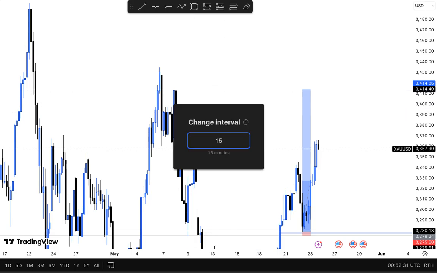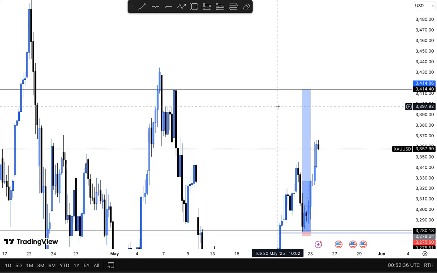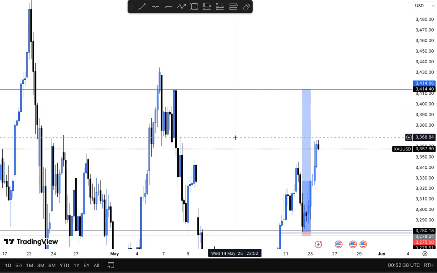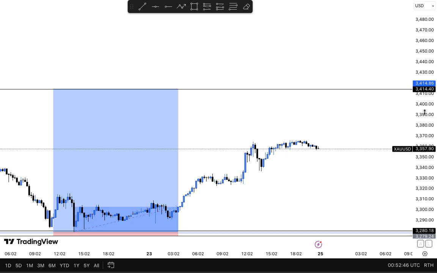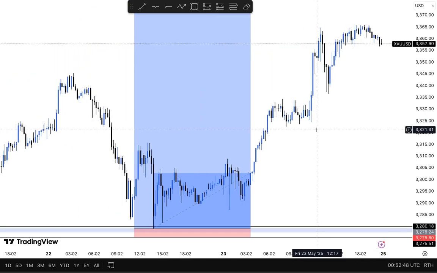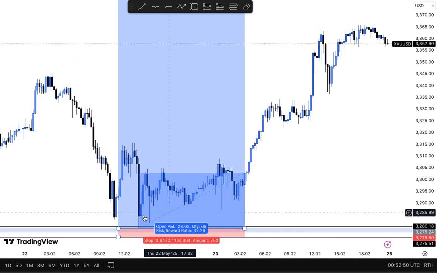So let's switch to the 15 minutes time frame again. But I usually set my TP on the 4-hour TF. I use either a support level or resistance level, but it depends on the market trend. So here, then I got the sniper entry.